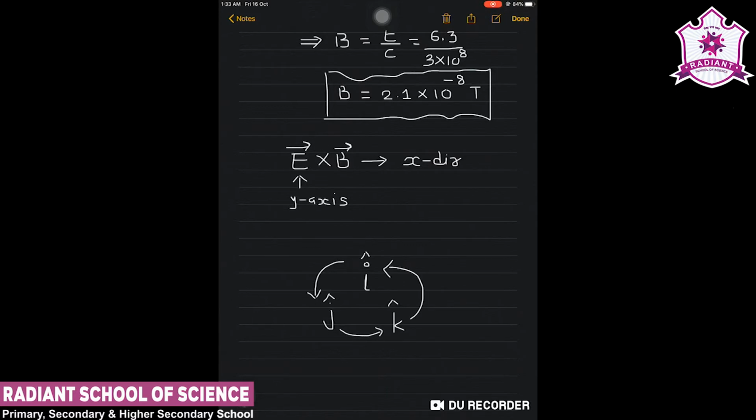Here we are asked to find out that the resultant is in the x-axis and the electric field is given in the y-axis.